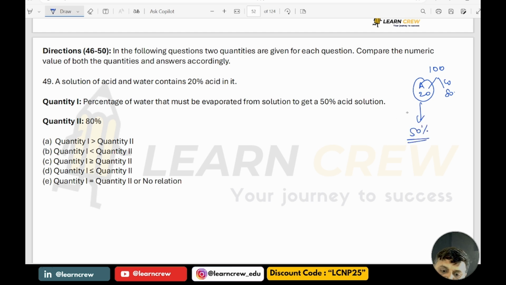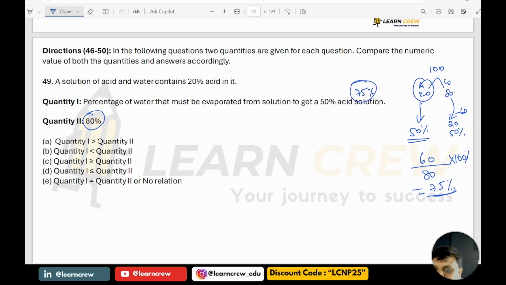Out of 80, how much has to be evaporated? 60 has to be evaporated, because 80 minus 60 is 20, then it will become 50%. So 60 out of 80 is 75 percentage. So water to be evaporated is 75 percentage, quantity 2 is 80 percentage, quantity 1 is less than quantity 2.